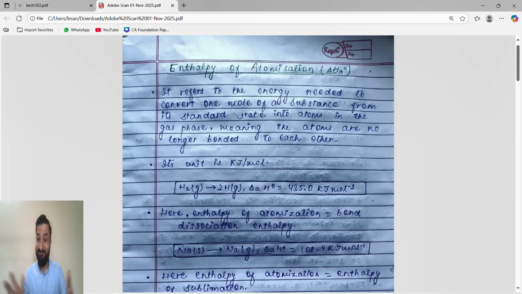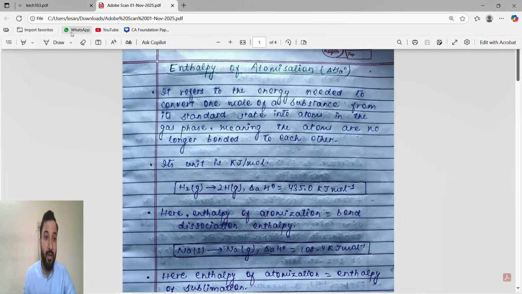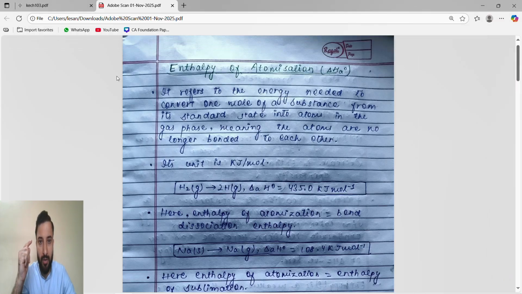After this thermodynamics we are going to start with periodic classification, chapter number 3. That is easy and very interesting. That is the inorganic part. If you understand that chapter properly, then only the other inorganic concepts of class 11th, in the S block and P block, will get clear.